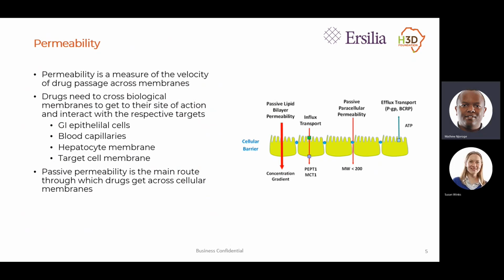And the reason we need to think about that is that passive diffusion does not need us to think about anything else. If our compounds have very high passive diffusion, we don't have to think about whether they are subject to efflux transporters, because if the compound is effluxed and it has high passive permeability, then it's just going to cross the membrane again.